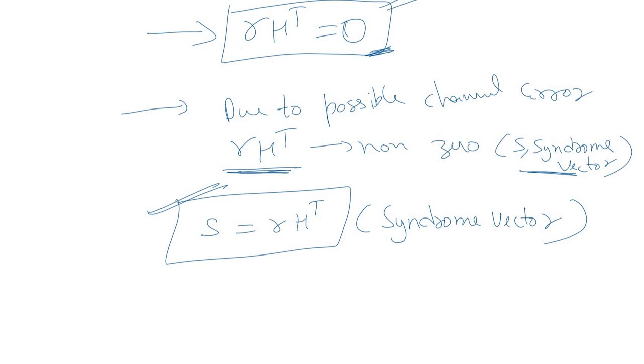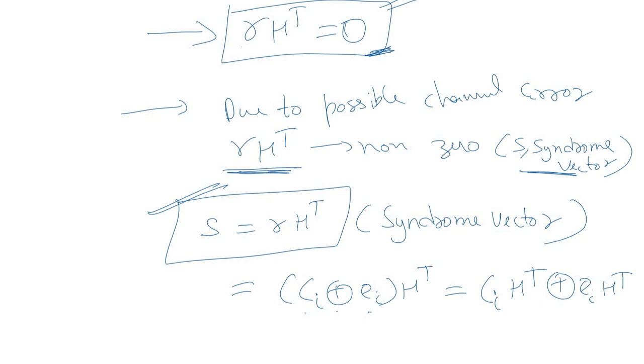Now if we substitute the value of R here, R is CI modulo 2 addition EI. R is the received word, which is the code word modulo 2 addition with the error word, into H transpose. It can be simplified as CI into H transpose modulo 2 addition EI into H transpose.